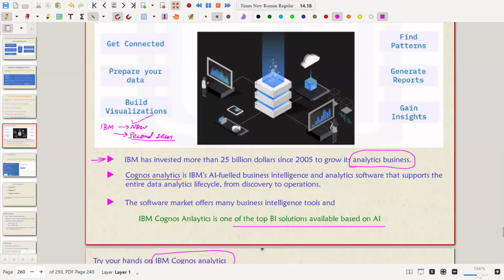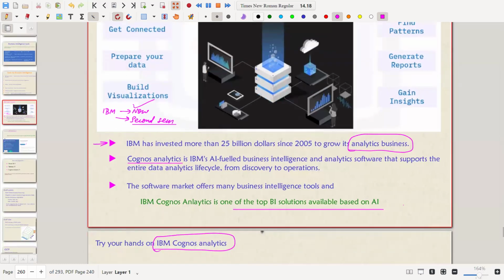When you are learning about different predictive analytics tools, come back to Cognos Analytics and try to see whether any of these correlations are there, how Cognos Analytics is using predictive analytics or any techniques of predictive analytics. So don't forget to look back at IBM Cognos Analytics in your second semester.